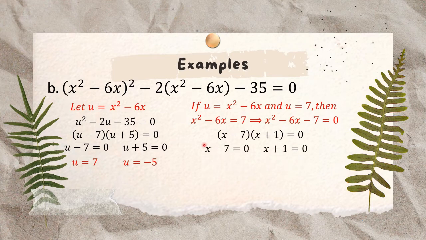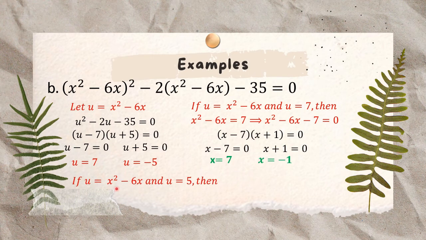After getting the factors, equate each factor to 0, we have x is equal to 7 and x is equal to negative 1. From negative 7, naging positive po siya. Then from positive 1, naging negative 1 po yung ating x.